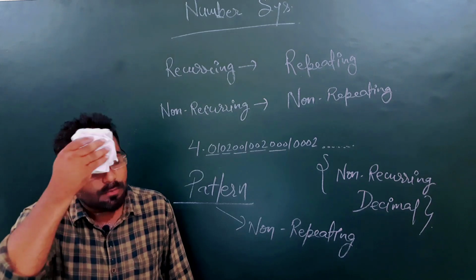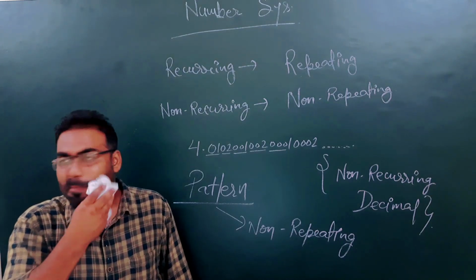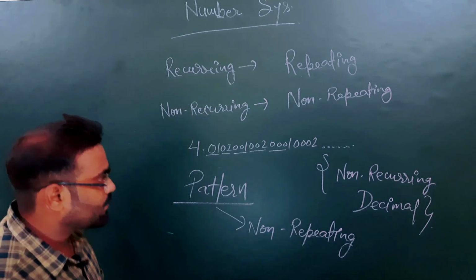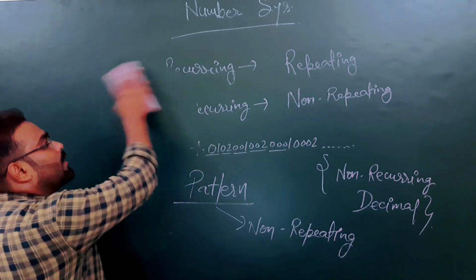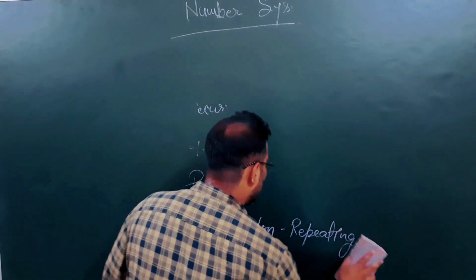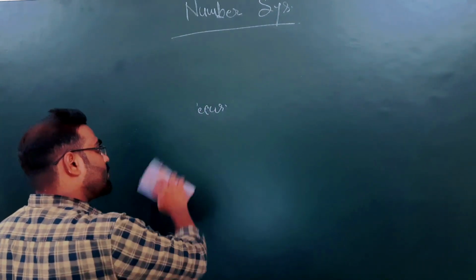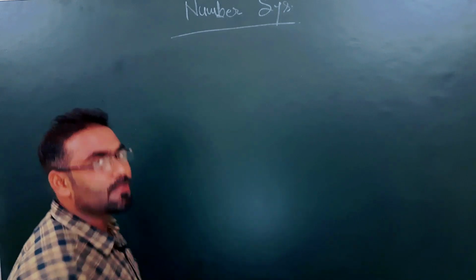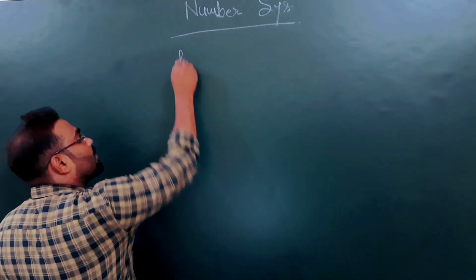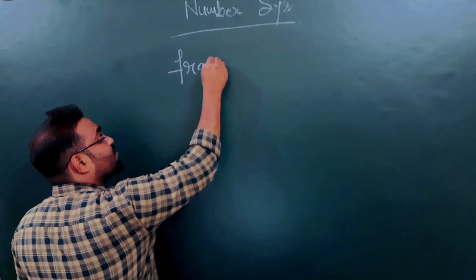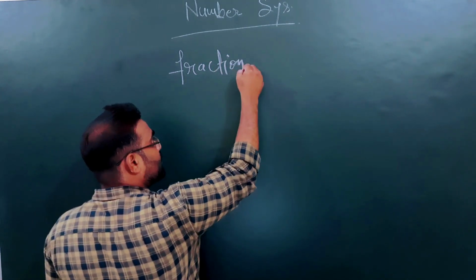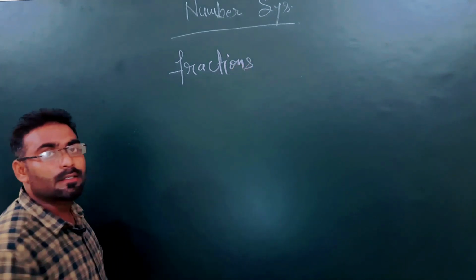Whatever I have told you right now, you might be thinking, sir, one thing is left. Like you have taught decimals, natural numbers, integers, whole numbers, but there is something which is still left. That is fractions. Of course, these fractions are part of the real number system.